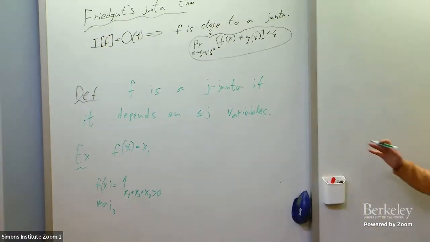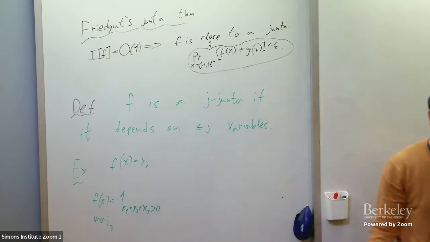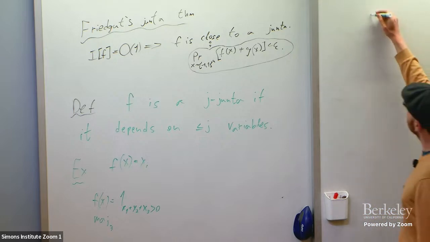So this is one theorem. Friedgut's Junta theorem is one theorem about approximation by Juntas, and these approximation by Junta theorems play a central role in analysis of Boolean functions. Another example of a Junta theorem is the Kindler-Safra theorem.